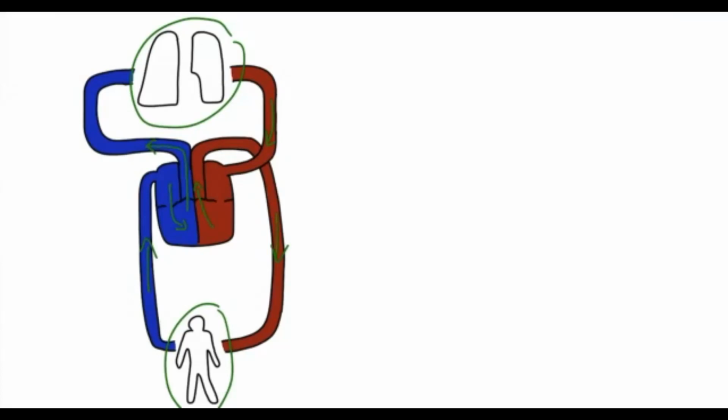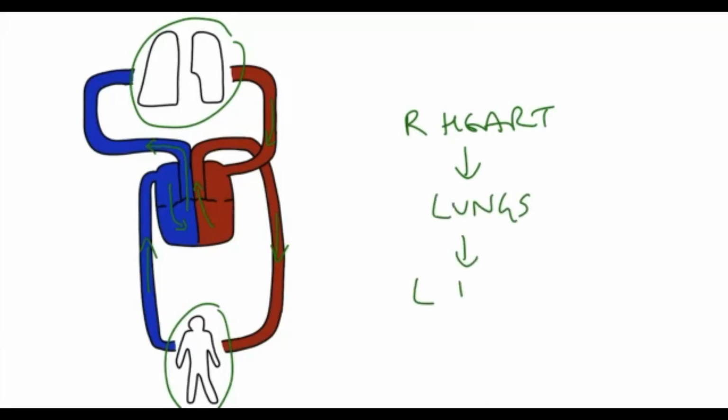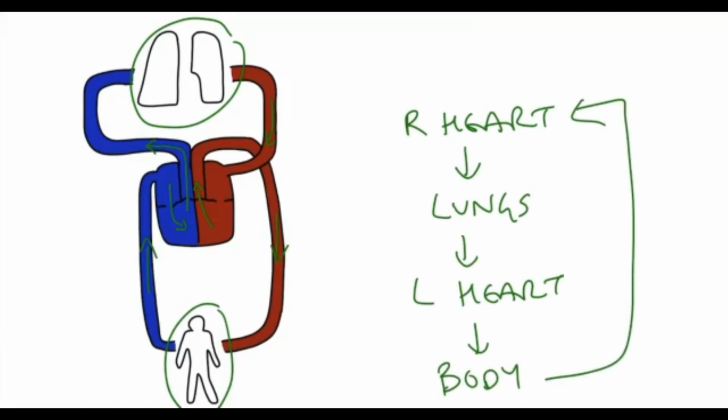So essentially, the objective of postnatal circulation is to take blood from the right side of the heart to the lungs, then to the left heart, then to the body, and then to return back to the right-hand side of the heart.